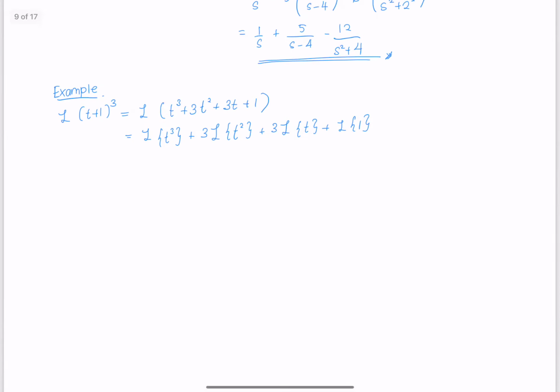Okay, we go back to our example. So we have t cubed, in this case n is equal to 3, so I will get 3 factorial over s to the power of 3 plus 1, plus 3 times t squared, where n is equal to 2, so 2 factorial over s to the power of 2 plus 1, plus 3 times t, which means n is equal to 1, so 1 factorial over s to the power of 1 plus 1, plus the Laplace transform of the constant, I will get 1 over s.